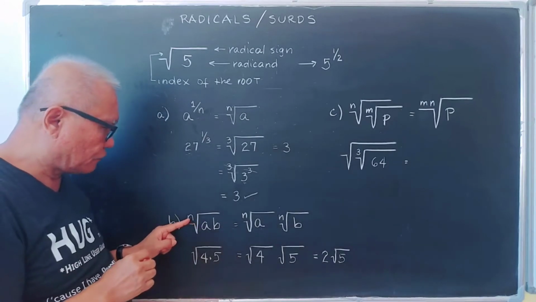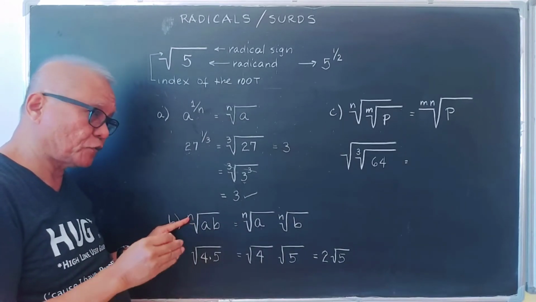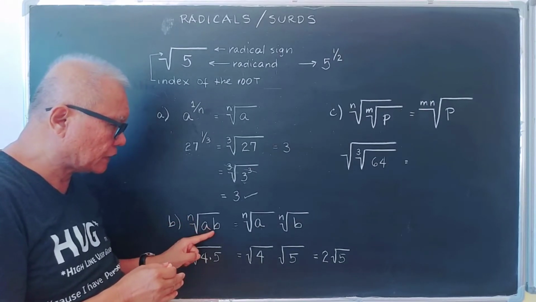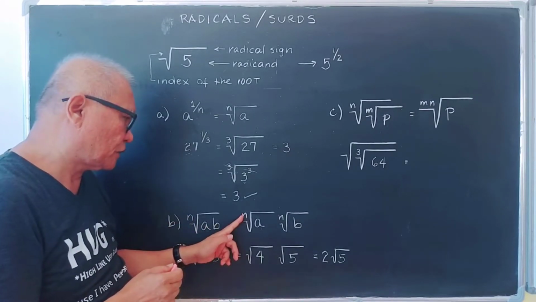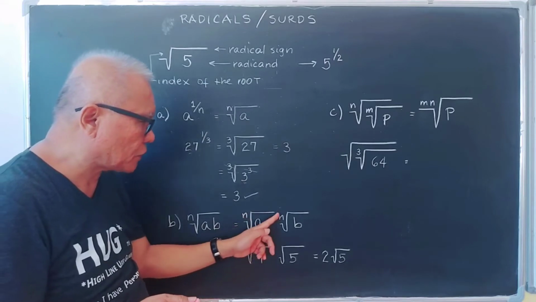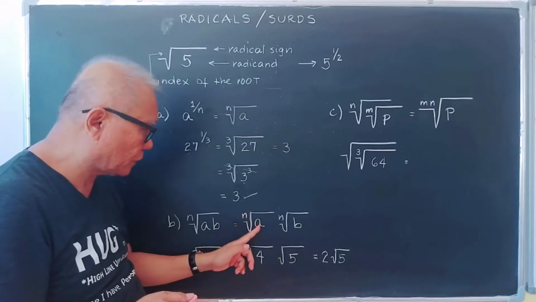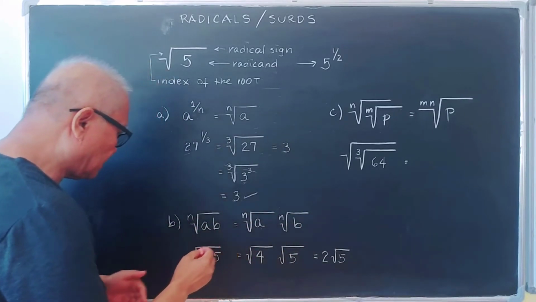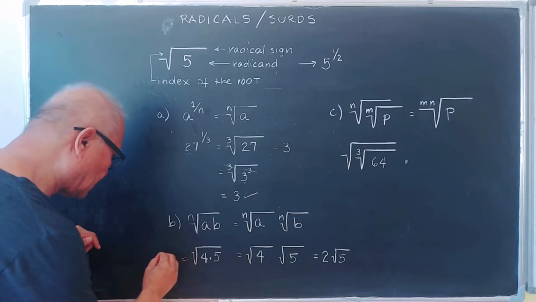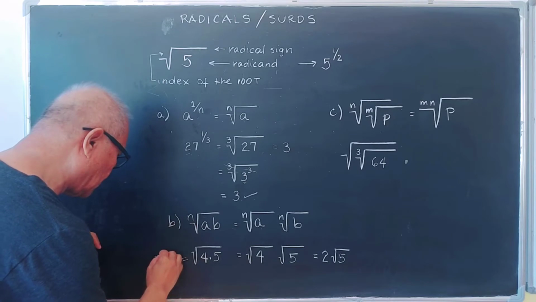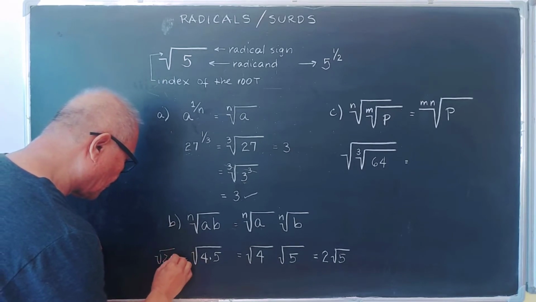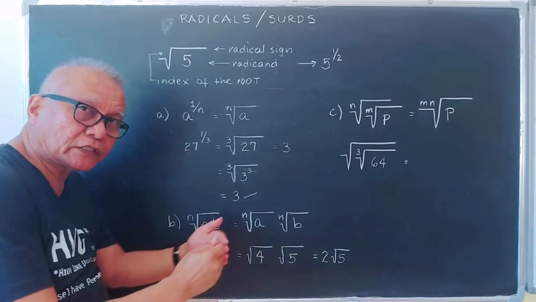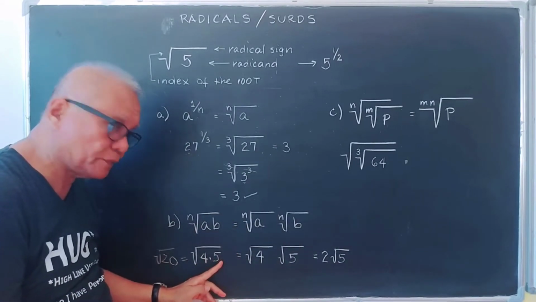Letter B: we have the index of the root, maybe square root, cube root, or fourth root, and then we have A times B. The root of A times B can be written as the square root of A times the square root of B, or the cube root of A times the cube root of B. We can separate them. For example, let's have the square root of 20. The square root of 20 can be broken into 4 and 5.